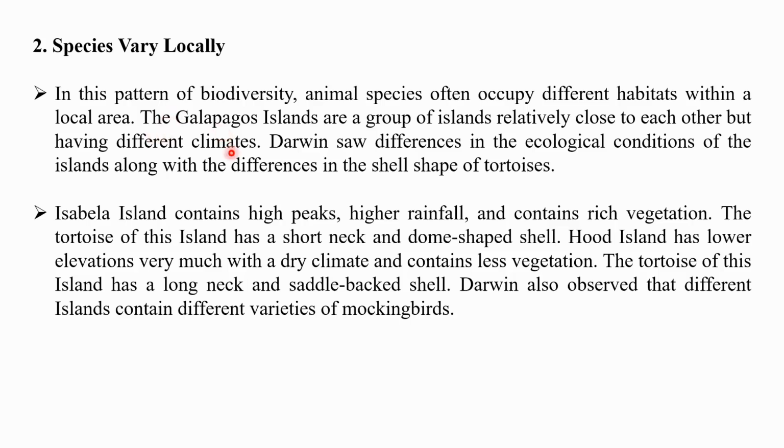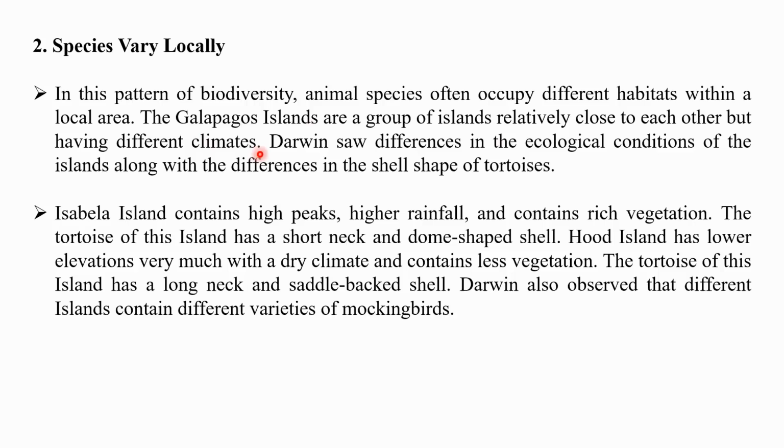For example, if I talk about the Galapagos Islands, Charles Darwin has talked a lot about these. The Galapagos Islands are a group of islands relatively close to each other, but these islands have different climatic conditions as compared to each other.